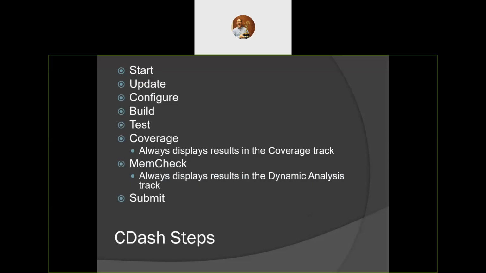So here are the steps that CTest knows about. There's the start step, which is really just a way for CTest to tell CDash, okay, I'm beginning the execution of some pipeline, so that CDash will have a way of understanding you started at this time and ended at the submit, and I can compute the total time it took for the pipeline to execute by looking at the timestamps between the two.